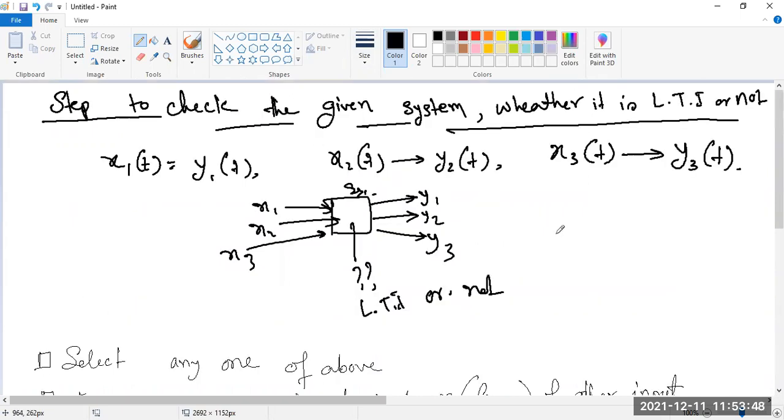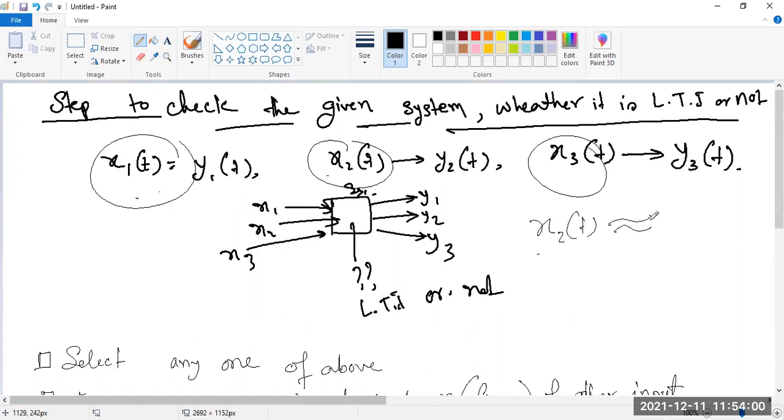Take any one. Say I am taking x1 as input, and we have to express x2 and x3 in terms of x1.